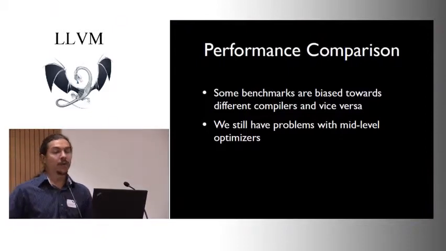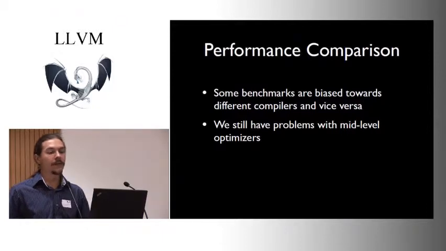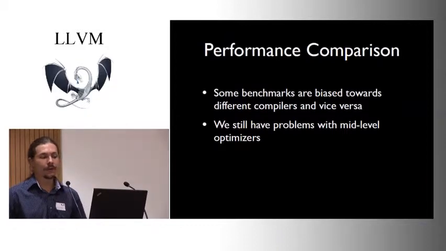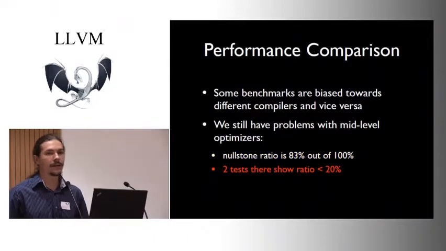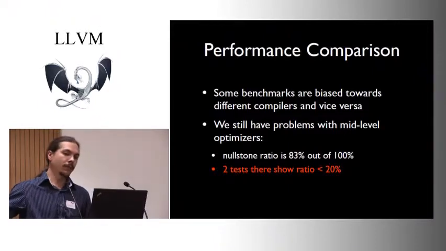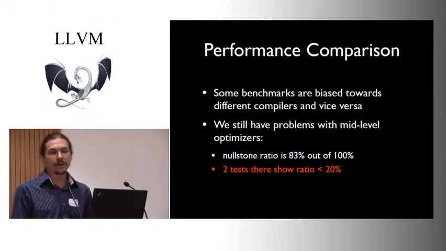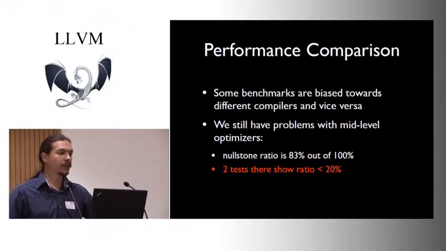I'd say that we still have some problems with the middle level optimizers. Why? Because if you just grab something like nullstone, you see the ratio is around 80%. However, the good news is that two tests show a rather small ratio, meaning that the middle level optimizers are doing quite a bad job in two particular cases. For other cases, middle level optimizers are performing quite well. So if we fix these two cases, the quality and speed of code will be improved.